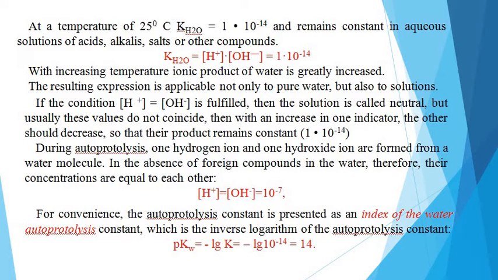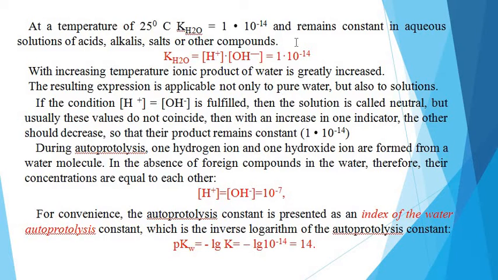At a temperature of 25 degrees Celsius, the water ionic product equals 1.1 multiplied by 10 to the minus 14 power and remains constant in aqueous solutions of acids, alkalis, salts, or other compounds.